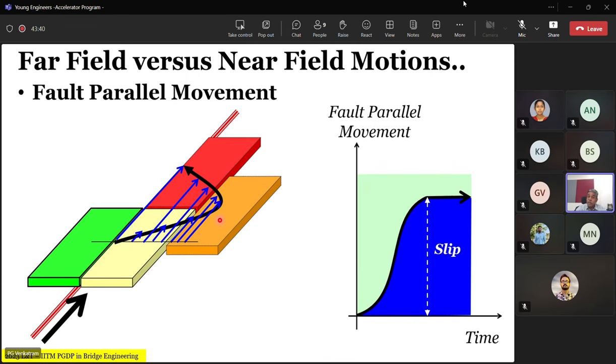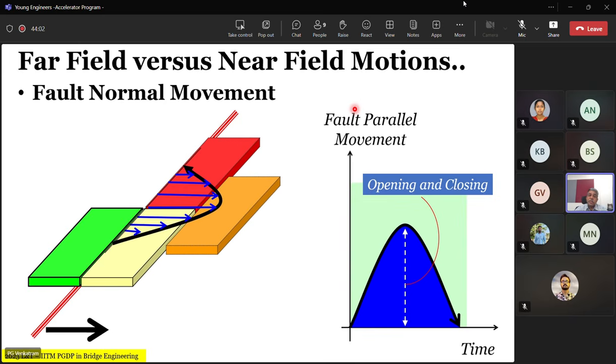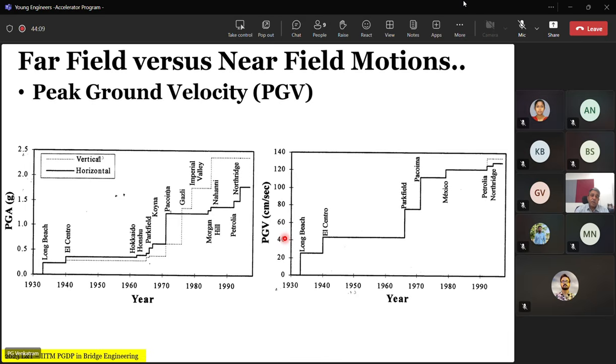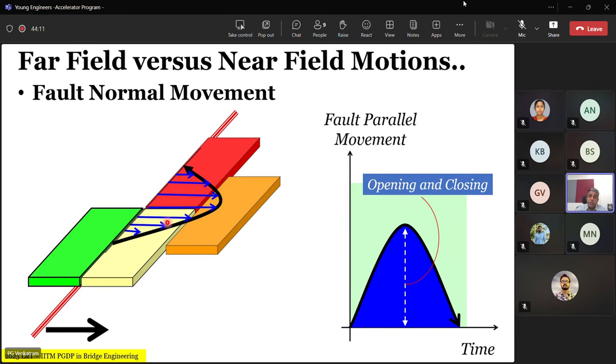Both of them happen simultaneously. Now the question is, in the near field, the significant effect that you need to consider is the fault parallel movement. But when you are in the far field, you need to worry significantly about the fault normal movement, that is, the movement perpendicular to the fault.